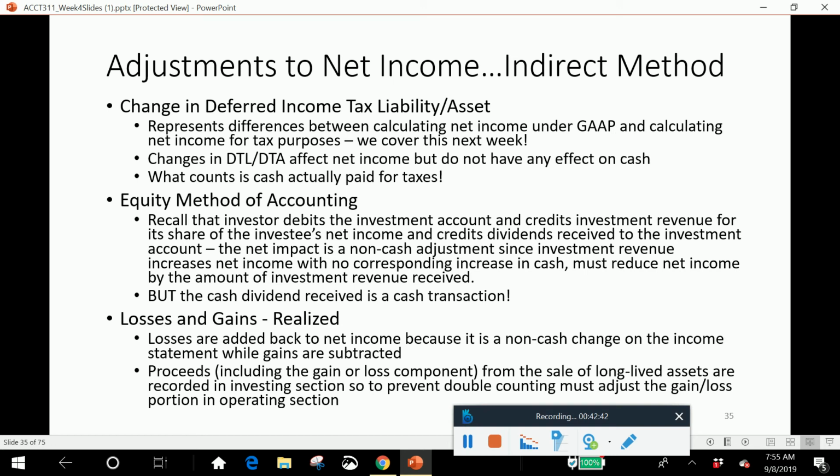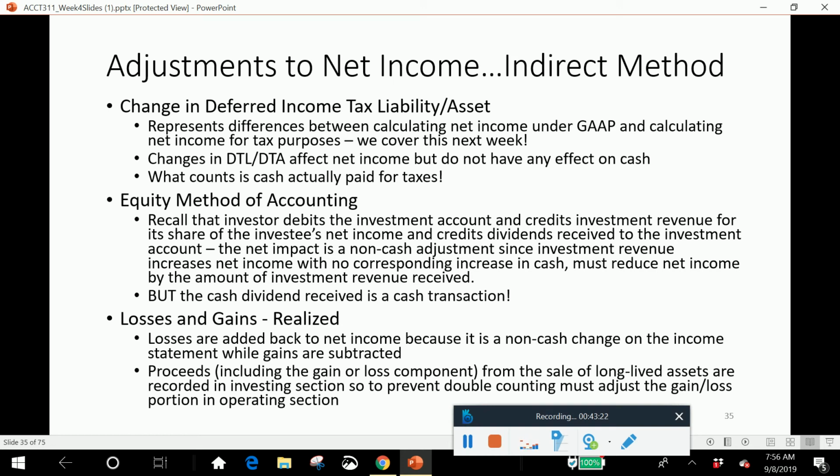And the timing of when we pay taxes differs from when we may record tax expense on the income statement, and the differences between cash taxes paid and the provision for income taxes or income tax expense on the P&L flows through deferred income tax liability and asset accounts. So that's why when we are determining the amount of cash paid for taxes, we need to look at what happened to the balance sheet accounts for deferred income tax liability and asset accounts.